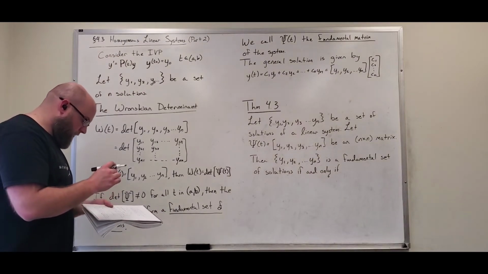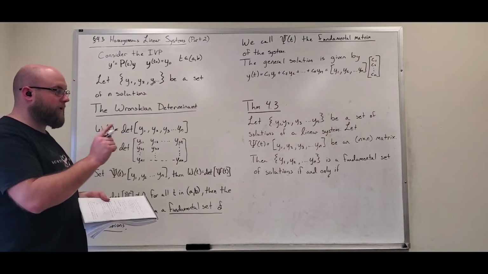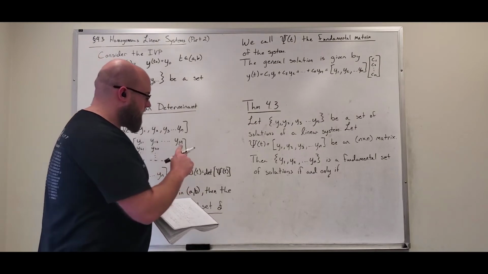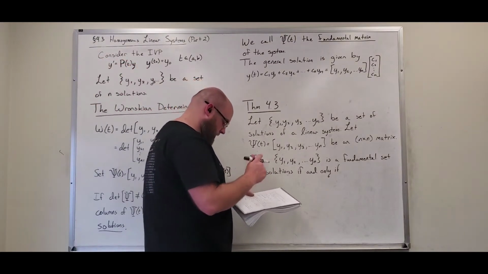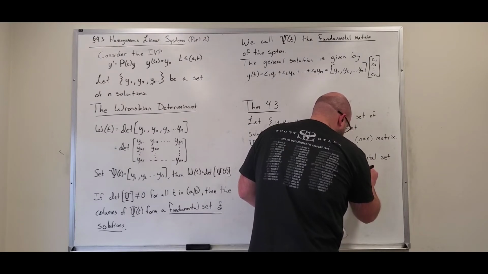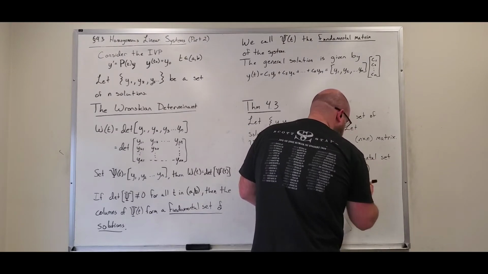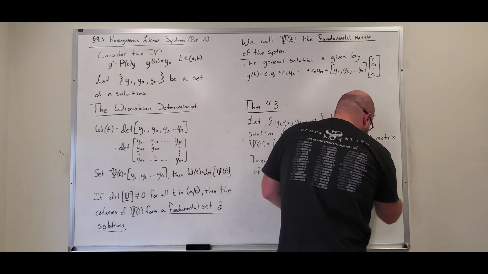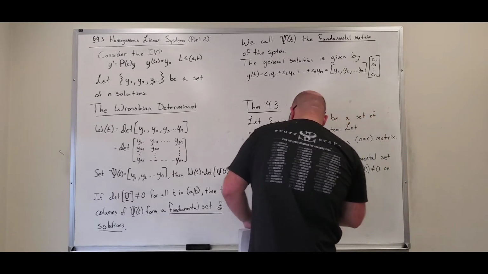So if and only if, this is a two-way street, okay? So this is a fundamental set of solutions if and only if the Wronskian of psi, meaning the determinant of psi, is not equal to 0 on AB.